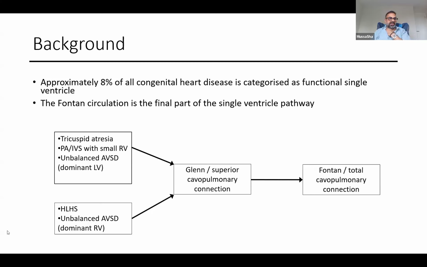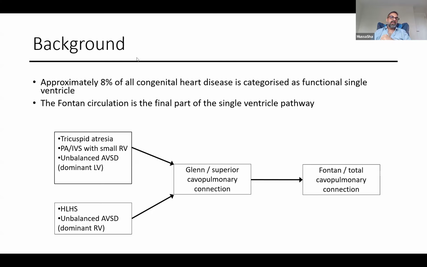So we start when you've got a child born with congenital heart disease with either a problem with the right side of the heart. So you have either tricuspid atresia or pulmonary atresia with intact ventricular septum and a small right ventricle, or an unbalanced AVSD with a dominant left ventricle.